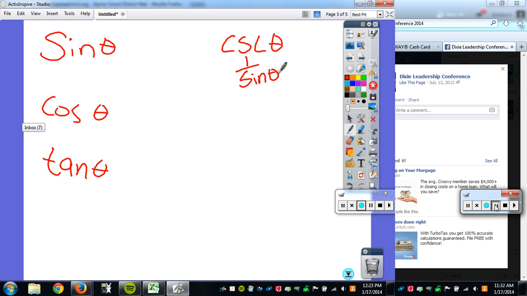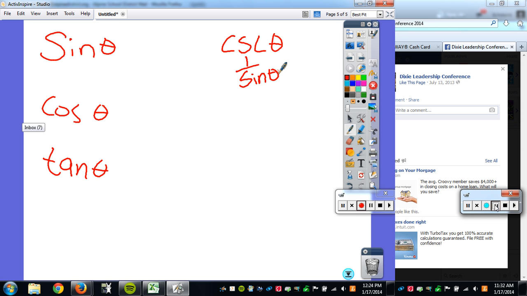I would get 1. That makes sense? Just like 1/3 and 3, if I multiplied them together, I would get 1. They're multiplicative reciprocals. So are cosecant and sine. Yes, ma'am? CSC. Sorry about that. Cosecant.